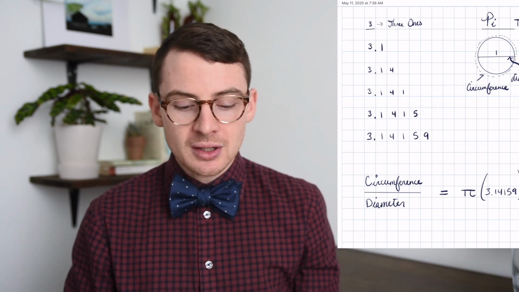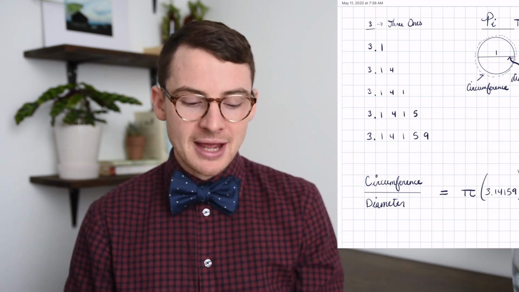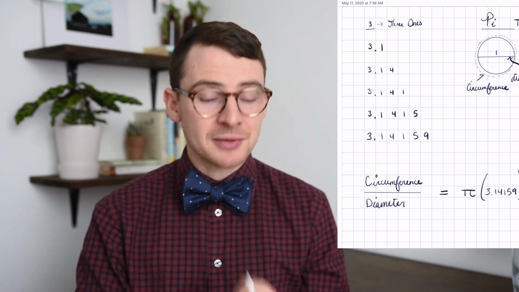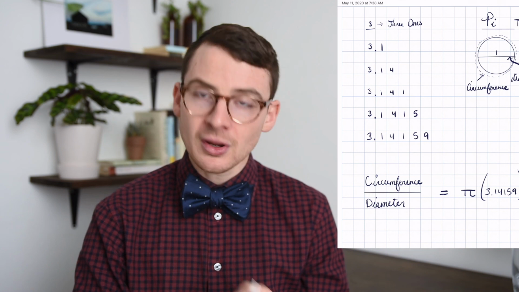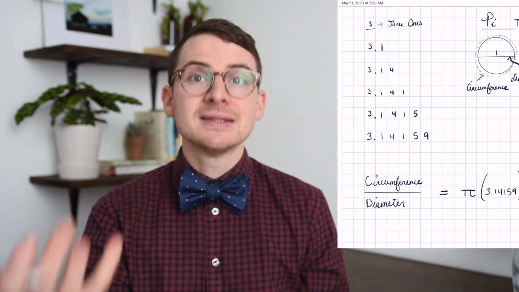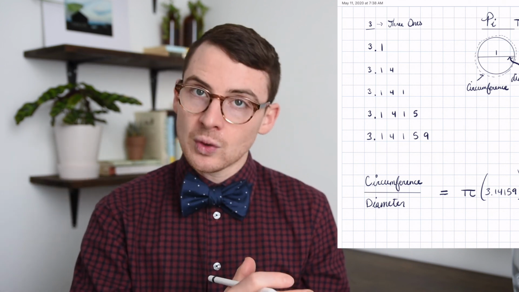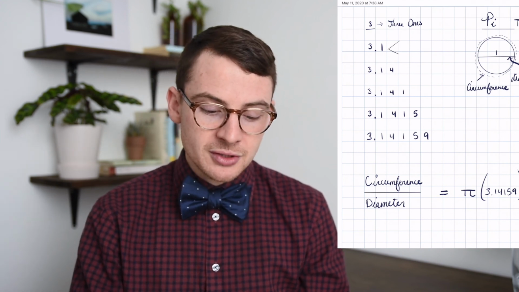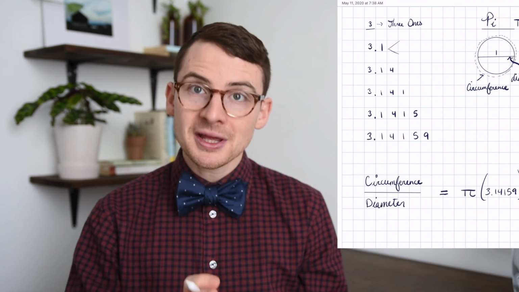All right, so let me explain what I mean by that. If we look here at 3.1, we have a 3 in the ones place and a 1 in the tenths place. So this number is made up of 2 place values.